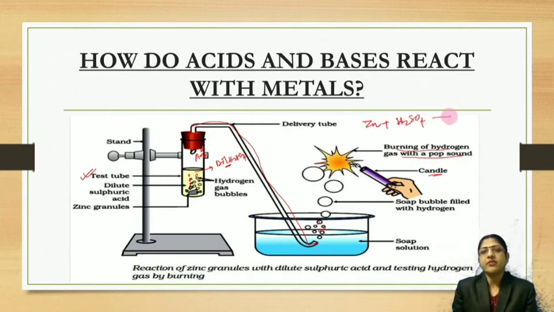In chapter 1 we have already discussed different types of chemical reactions. Zinc is more reactive than hydrogen and displaces hydrogen, so it is an example of a displacement reaction.